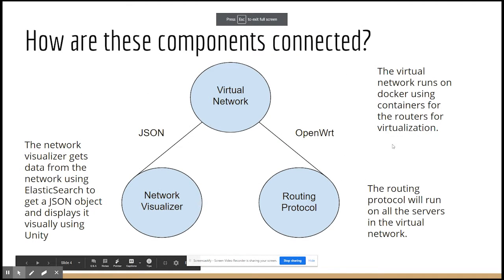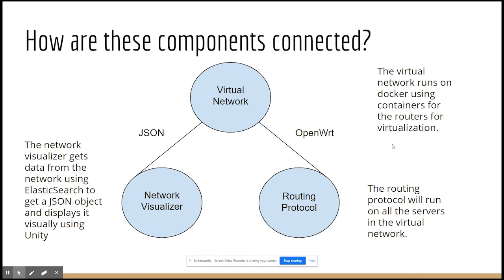Hey, everybody. So, for this project, the way we connected our parts was for the routing protocol. We needed to find a way that we can make a virtual network that would be suitable to be able to scale up or down, just depending on how we're trying to test our protocol. So, I found Docker, which was essentially not the first idea I had. The first idea was a virtual box, but that just turned out not to be a good way to create a virtual network.